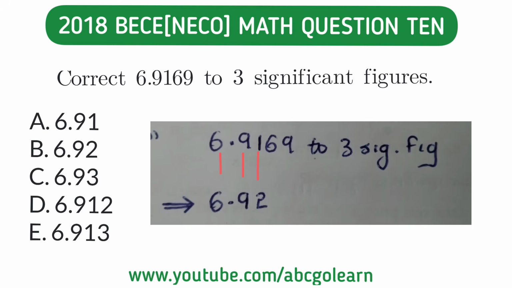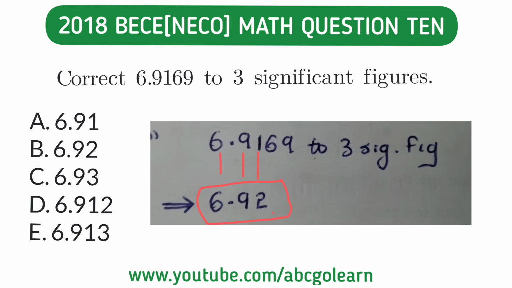Then look at the number next to it. If it is 4, you wouldn't round it up. But if it is more than 4, if it is 5, 6, 7, 8, that's when you would round it off. You would round this one off to 2.